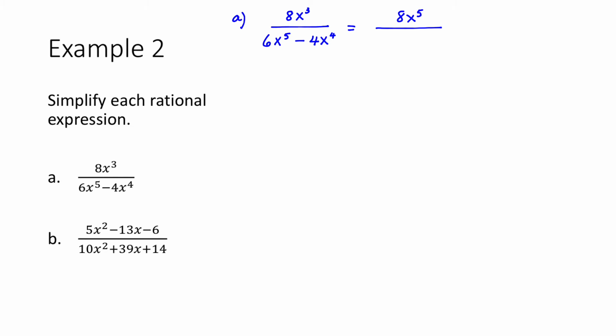The denominator I can factor. I have a 2x to the 4 in common because 2 goes into both 6 and 4. And then the lowest power of x is x to the 4. So I can factor that out. That's in common to both terms. So I'm left with 3x minus 2.